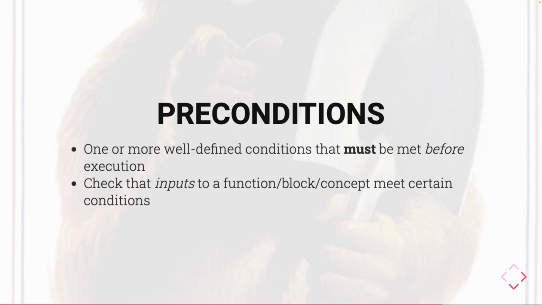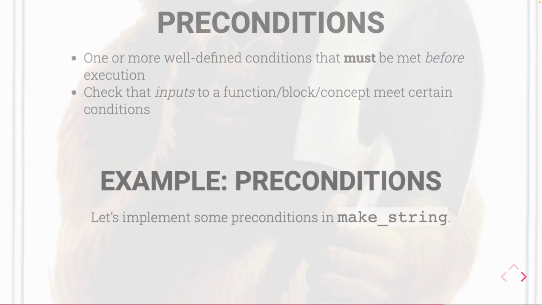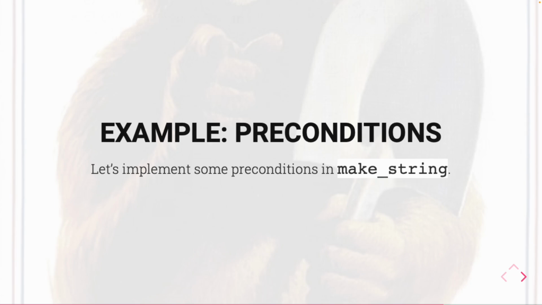But if you're thinking about the preconditions for a certain block within a function, you should probably just make that its own function. Whatever. You're checking that the state of the program before you start running that specific bit of code meets certain conditions. So let's implement some preconditions in makeString.